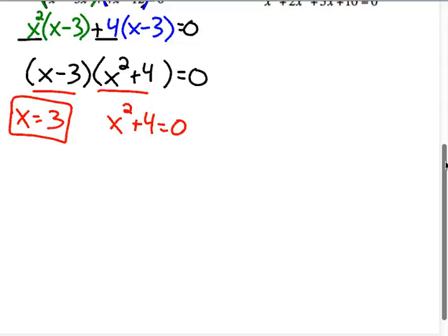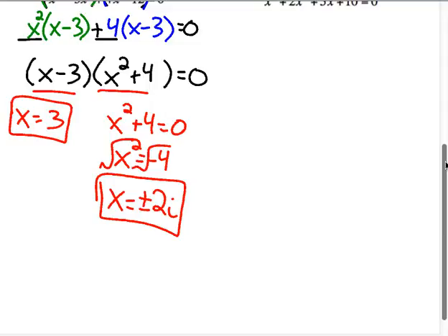This is why we already reviewed solving by square rooting. If you subtract that 4 over and square root this, whenever you square root, you get the plus or minus. Square rooting a negative means you get an imaginary number. The square root of 4 is 2, so you get 2i.